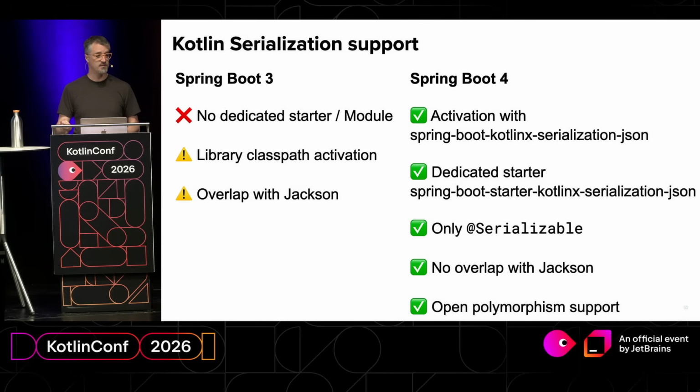Only @Serializable classes are handled by default, and you can customize it if you want more. No overlap with Jackson, and we have open polymorphism support. Since we fixed that, we don't have any new open issues or people confused about the Kotlin Serialization support. So it looks like it's working as expected.